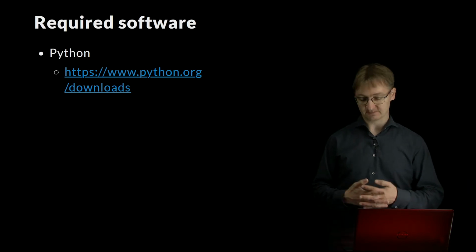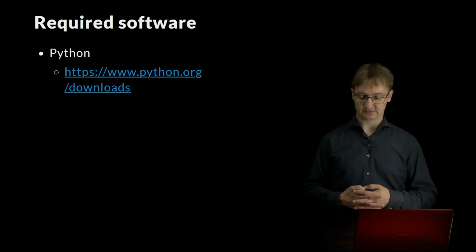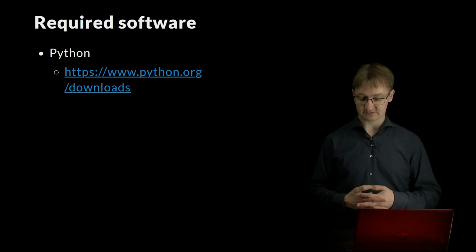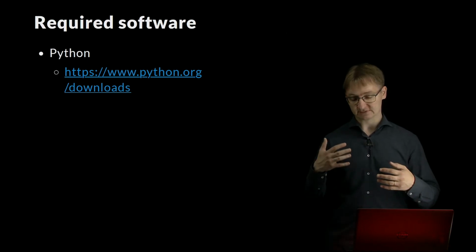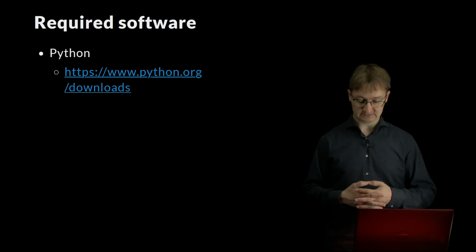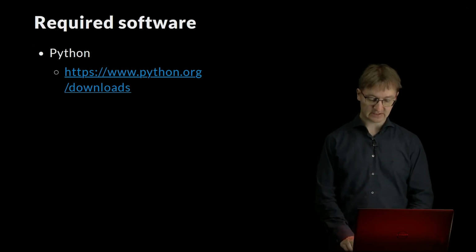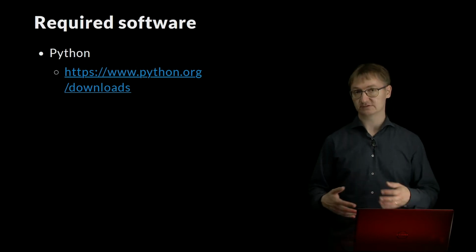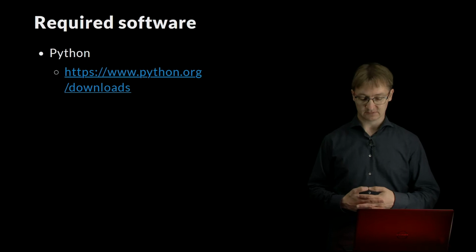So I recommend you install it in a place where you remember where it is. Besides that, I don't remember there were any specific configurations you had to do, just regular default settings are fine here.